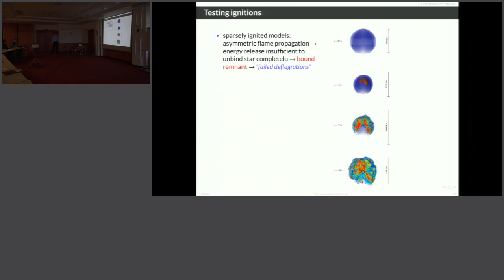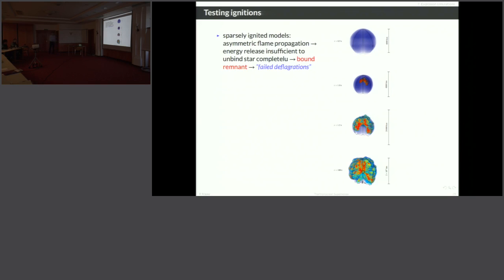The sparsely ignited models lead to an asymmetric propagation of the flame, because if you put in only 2 or 3 sparks, then this will be asymmetric. And this actually produces rather little energy, the typical evolution you see here. So you ignite the flame maybe in one spark here, and then this buoyantly rising plume will go up to one side of the star and break out of the star.